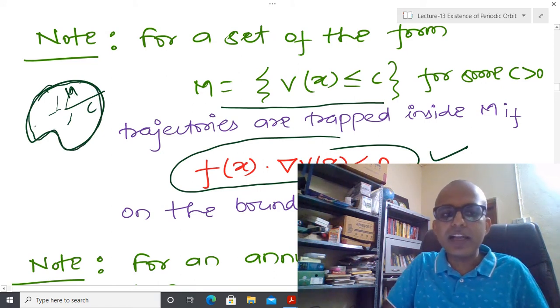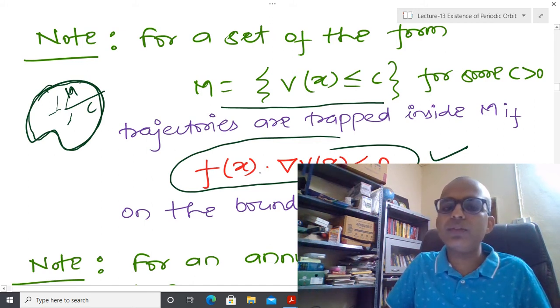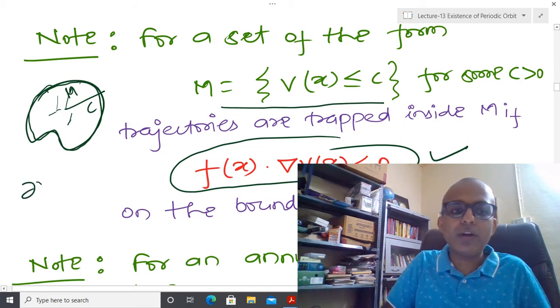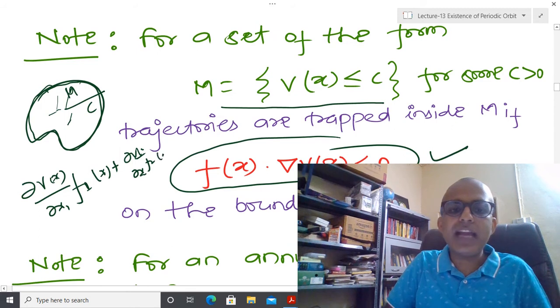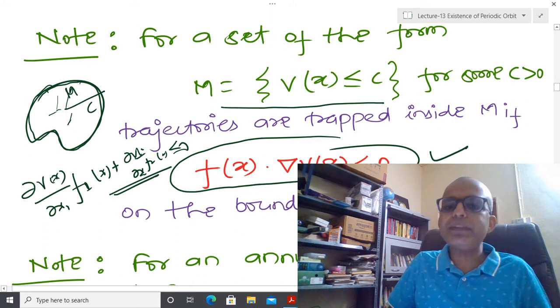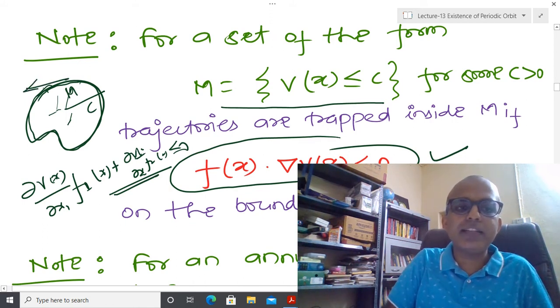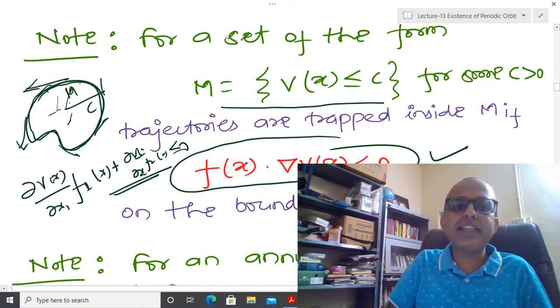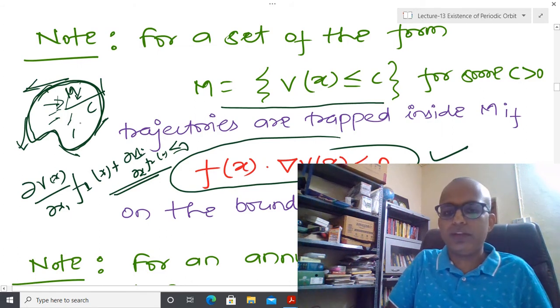We know how to define this: it is nothing but ∂V/∂x1 multiplied by f1(x) plus ∂V/∂x2 multiplied by f2(x), and you just have to check that it is less than or equal to 0. If it equals 0, then the trajectory is tangential to this curve, so again it is not going to leave. If it is less than 0, then it always points in the inward direction, so again it is not going to leave.